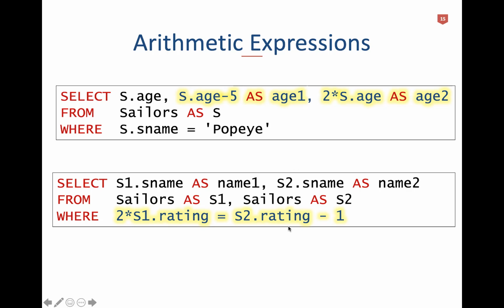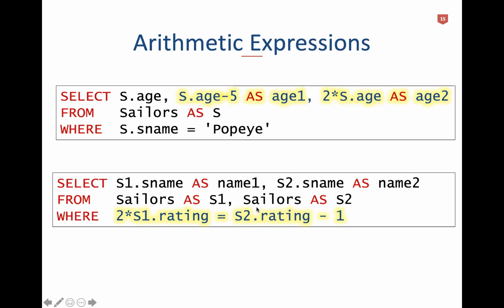Here we have another way of doing this, but now we have arithmetic in the WHERE clause, and we have a different thing here. We are only projecting those that have 2 times rating from one table equal to the rating minus 1 from the other table.